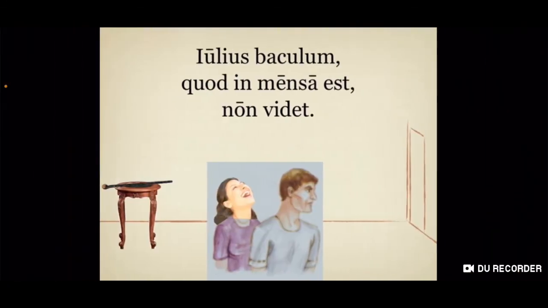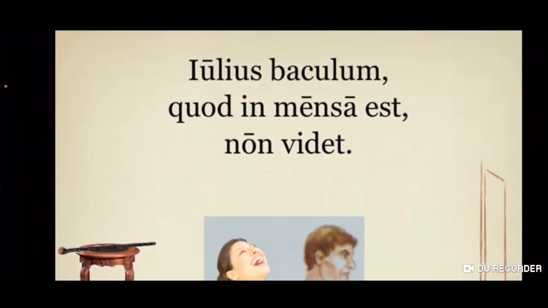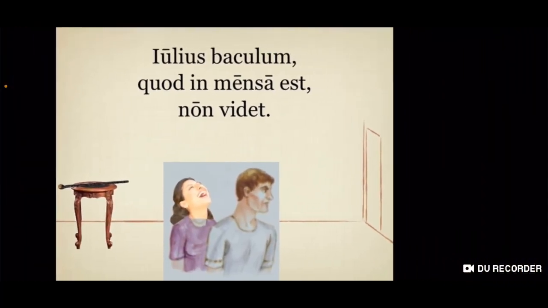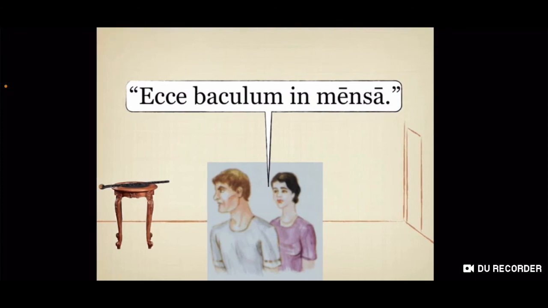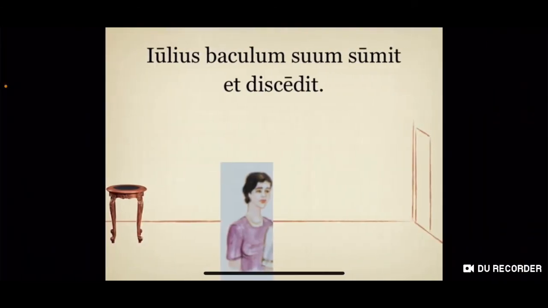And I know they're trying to trick you because they don't really talk like that. You don't really talk like that in English either. They're actually writing poetry. Ecce baculum in mensa. Look, the stick, baculum, in mensa. It's on the table. Julius baculum sumit et discedit. Julius picks up his stick. Sumit. Baculum, a stick, he picks up and leaves.